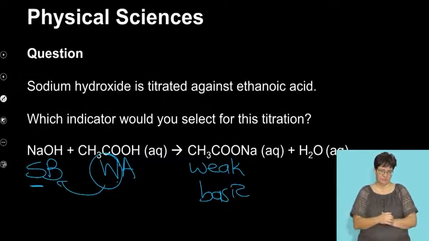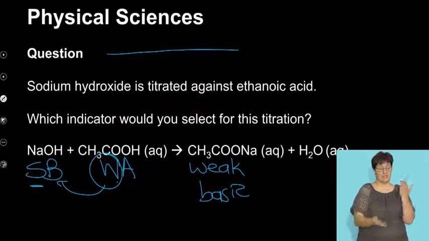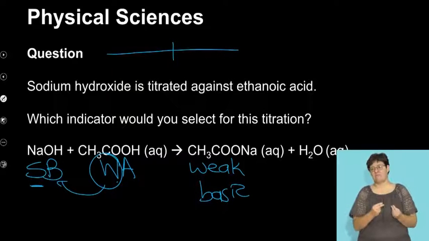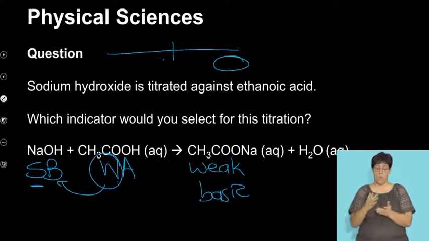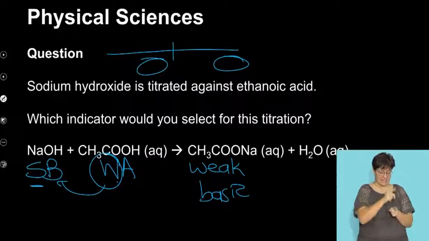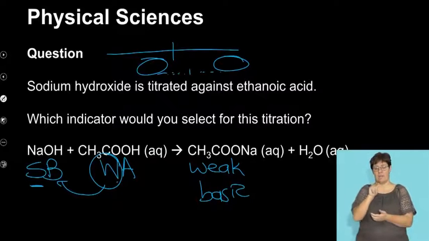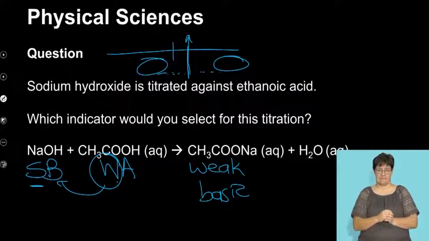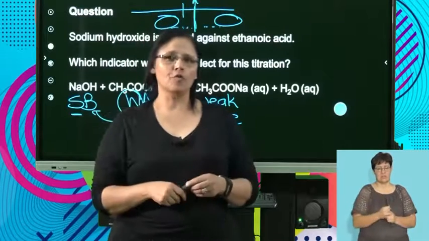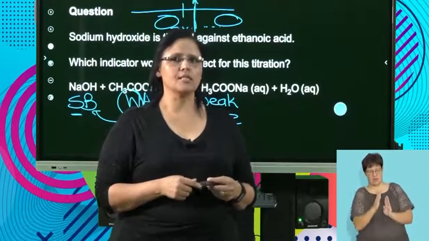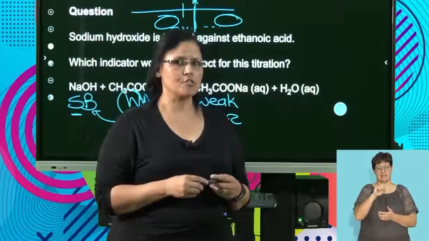We can also look at it on the pH scale. If I have 7 more or less there, the strong base will be above it, and your weak acid will be just lower than a pH of 7. If these two neutralize each other, we will have a salt that will be a little bit over a pH of 7, which means a weak basic salt.